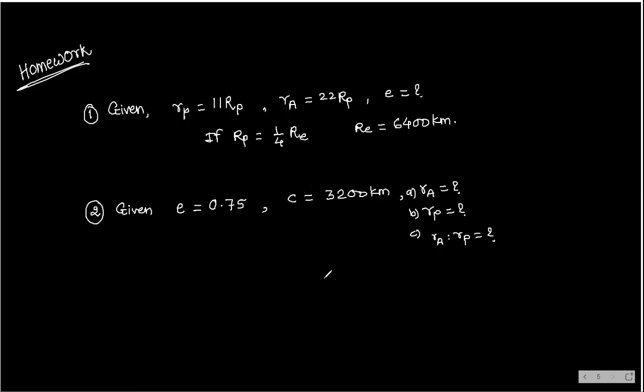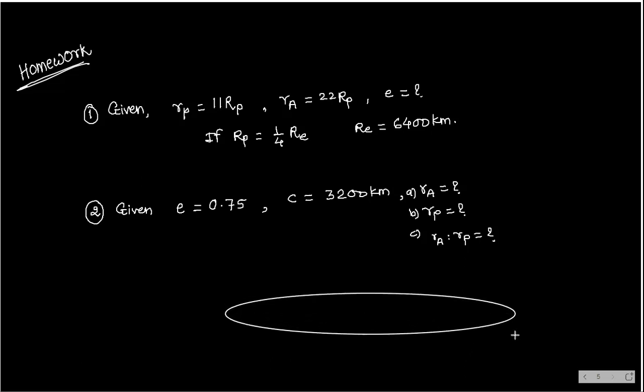C is distance of focus from the center of ellipse. Here I am drawing diagram. You know no C. हमने देखा था ना, E is equal to C by A formula है ना? हाँ, वेरी गुड डाउट.